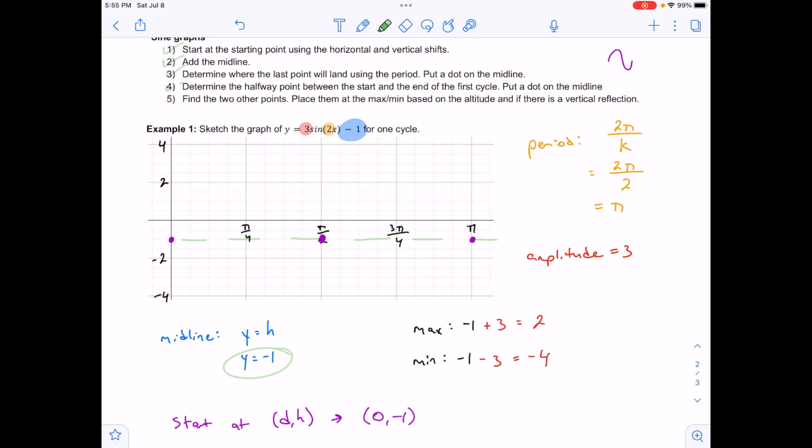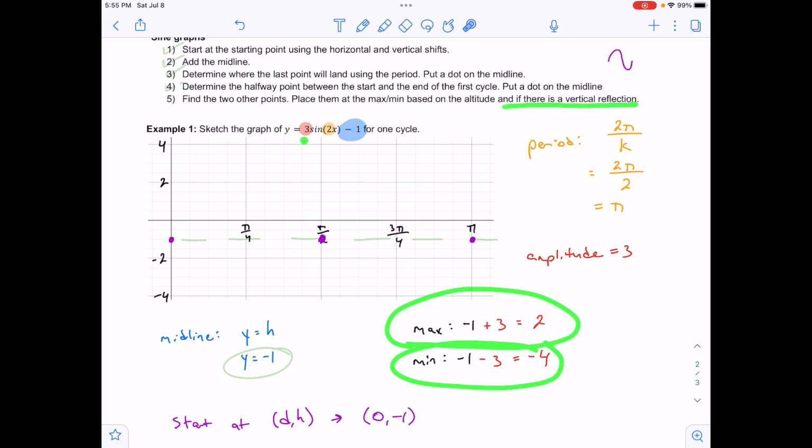Last but not least, I need to find the two other points. They're going to be halfway between the start and the middle, pi over 4. And then it's also going to be in the second half right down the middle, 3 pi over 4. I need to place these points at the max or the min based on the amplitude. I've already determined the max and the min. And these are going to be affected if there's a vertical reflection.